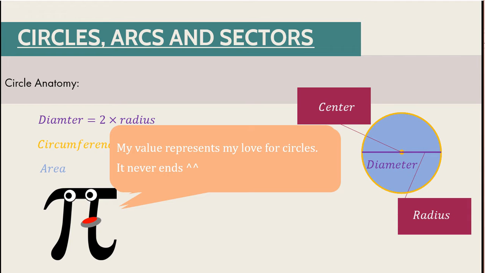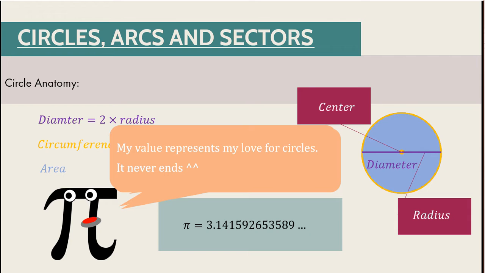It never ends. So we have pi is a fixed number or a constant with a value of 3.14159 and a lot of other digits that follow. But we need to consider like 3 or 4 first digits for the precision that we need.